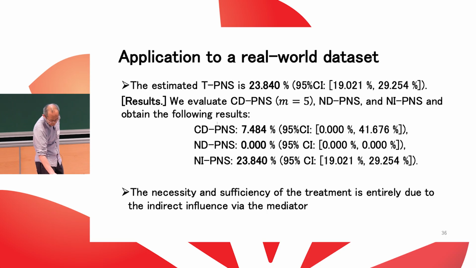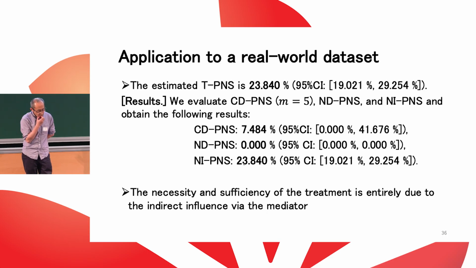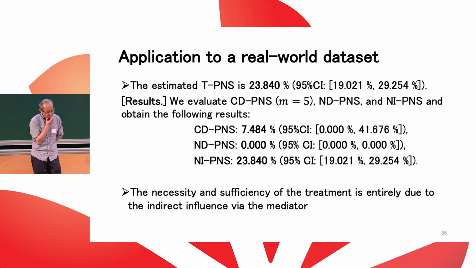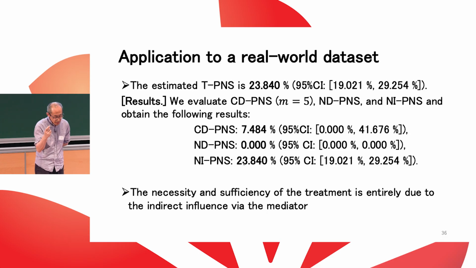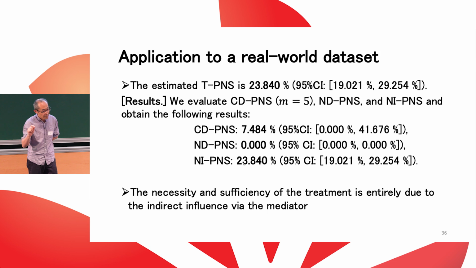And the PNS is actually equal to this natural indirect PNS. So essentially, for this particular data, based on those quantities, it seems that the necessity and sufficiency of the treatment is entirely due to the indirect influence by the mediator.